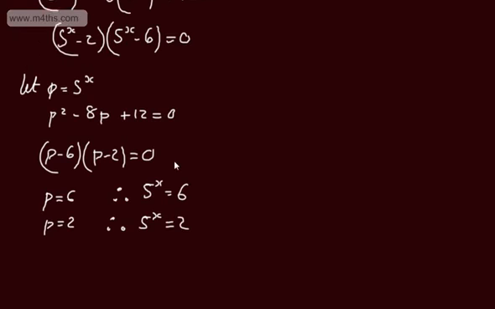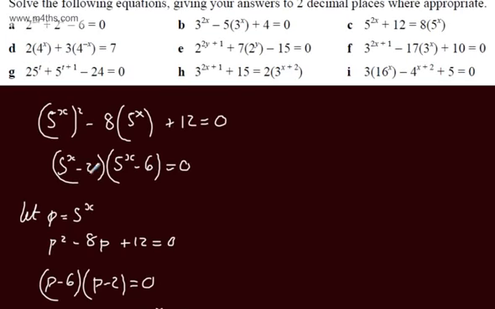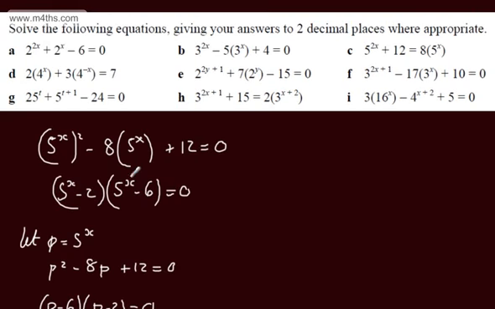Therefore, now 5 to the x would be equal to 6, and this one we would say 5 to the x is equal to 2. And you would go ahead and solve using exactly the same method we've just looked at. This one right here, we can see that 5 to the x would be equal to 2, or 5 to the x would be equal to 6, and we would just now use logs to solve those.